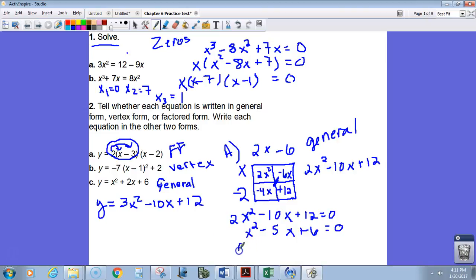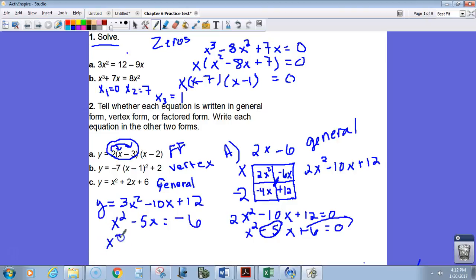Now I take, I guess I didn't need to do that, did I? I thought I could make this go down, but let's just do this. Half of this number and square it. Oh, first I want to move this positive 6x to the other side, right? If you guys were screaming at me, that's my fault. So I have x squared minus 5x equals negative 6. Now I take half of negative 5 and square it and add it onto it.